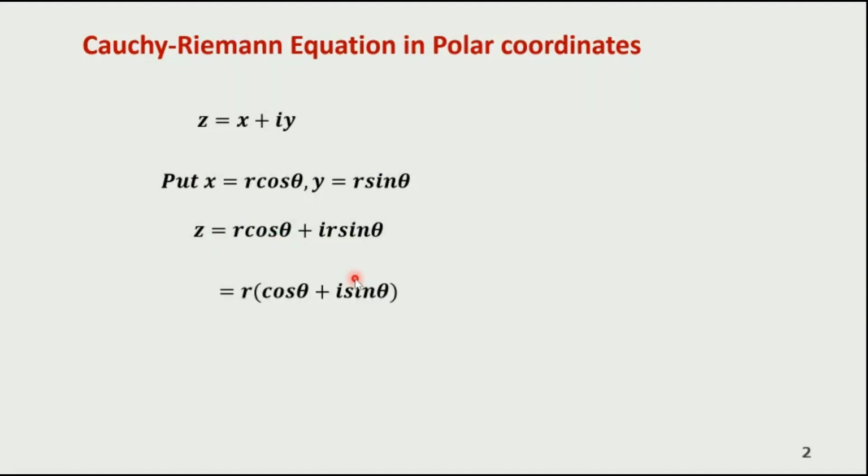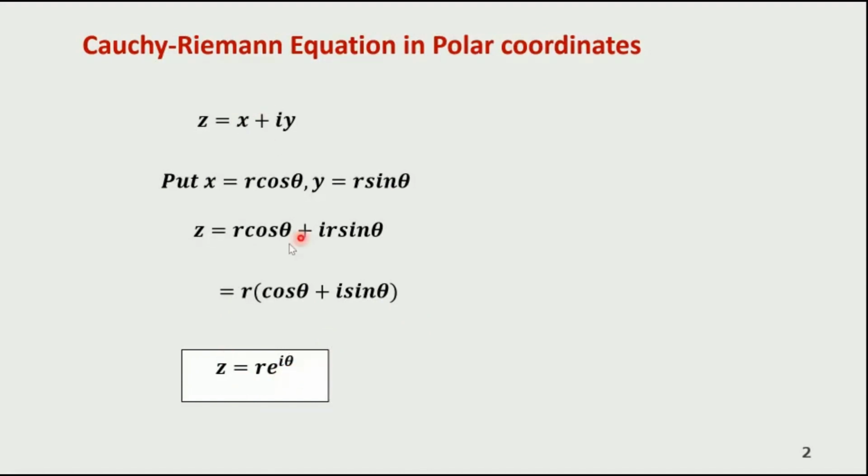Taking r common, we can write r into cos theta plus i sin theta. And we know that cos theta plus i sin theta is e raised to i theta. So the polar representation of any complex number is either r into cos theta plus i sin theta, or z is equal to r e raised to i theta.